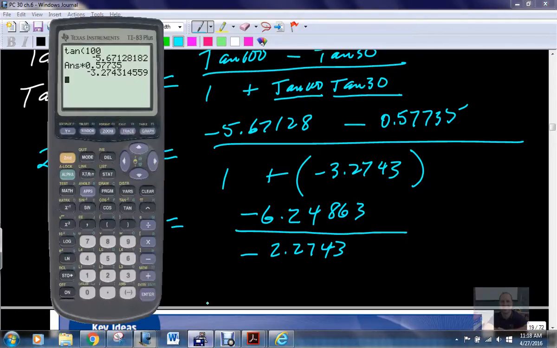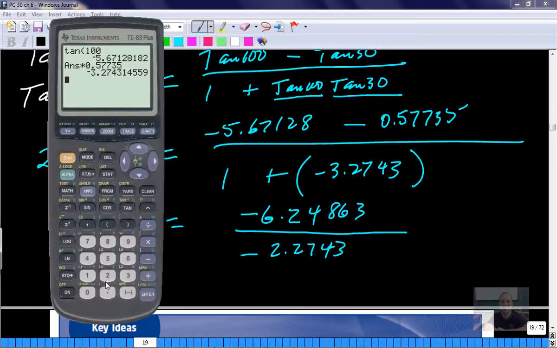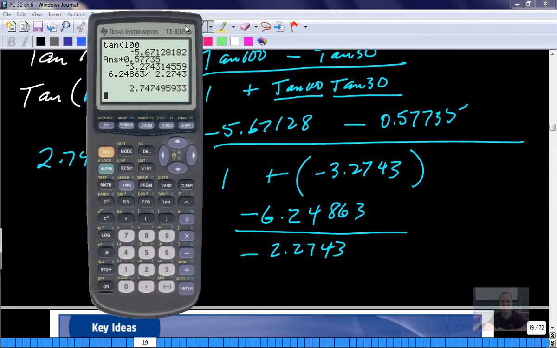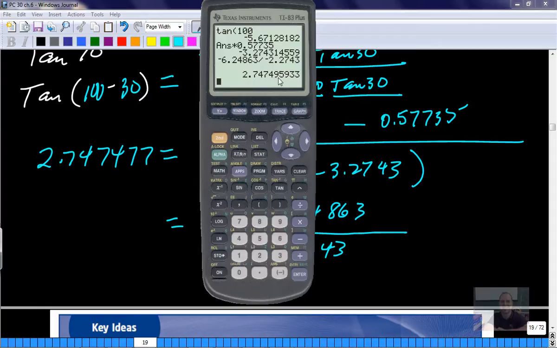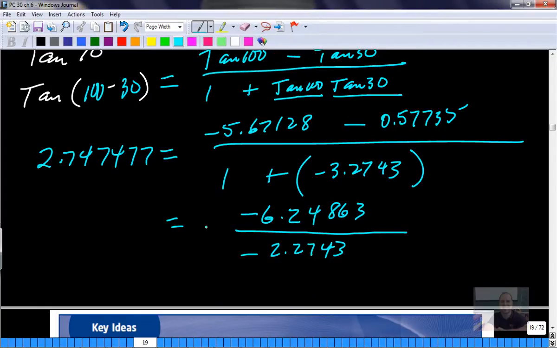We done that? So we get the same number. Okay, let's check it out real quick here. 6.24863 divided by negative 2.2743. And there we go. We get the same number, positive. Okay, so those are equal. That's great.